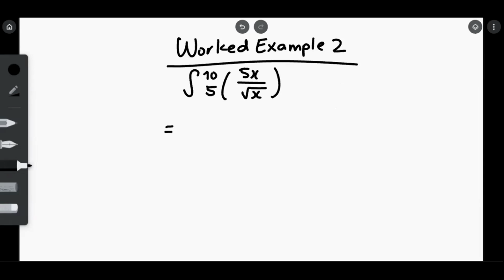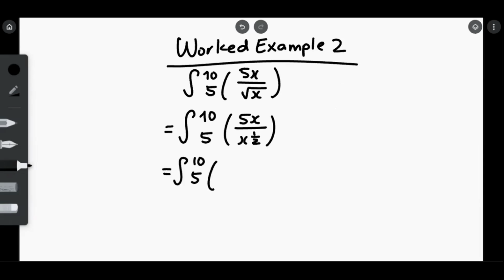So what you need to do is like that, then 5x over x to the power of half, which will be like this, 5x, sorry, I shouldn't be putting x here, I should be just putting 5. Okay, which is 5x to the power of minus 1/2.